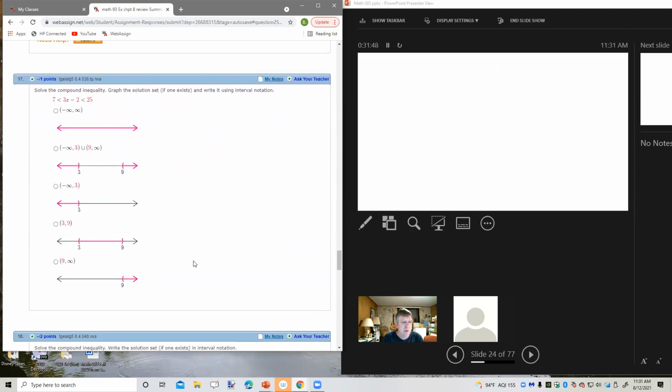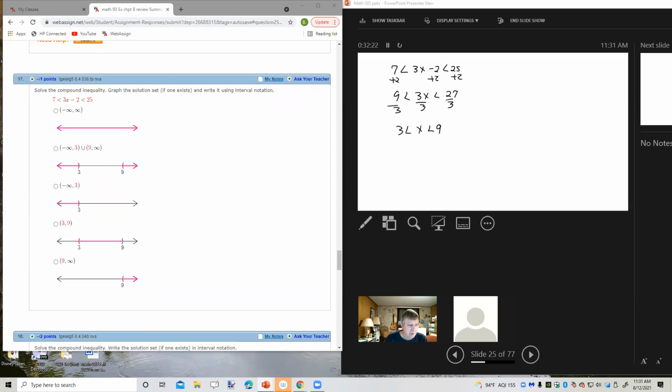Solve the compound inequality, graph the solution set if one exists, and write it using interval notation. Okay. 7 less than 3x minus 2 less than 25. So I want to solve for x in the middle. I'm going to add 2 to all 3 pieces, giving me that. Divide by 3, all 3 pieces, giving me that.